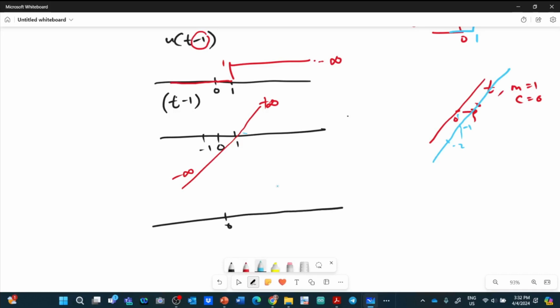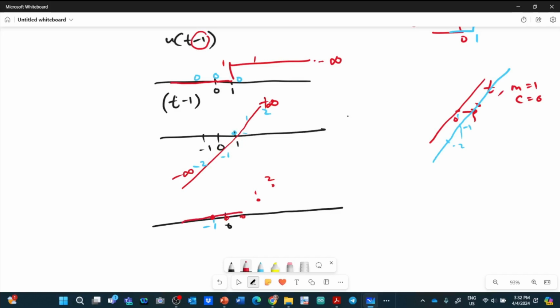Let's say I put here 0, 0, 1, 0. This one is minus 2, minus 1, 0, 1, 2. At minus 1, what is the value? 0 times minus 1, 0. At minus 2, 0. 0 times minus 1, 0. 1 times 0, 0. 1 times 1, 1, 2, and so on.